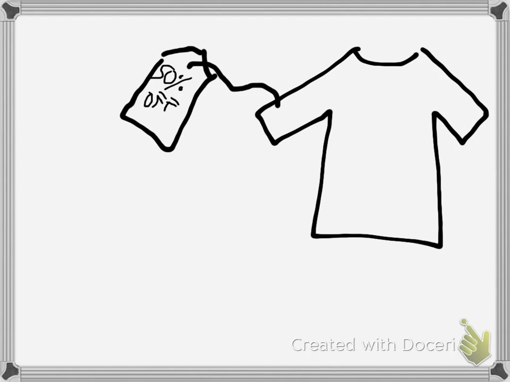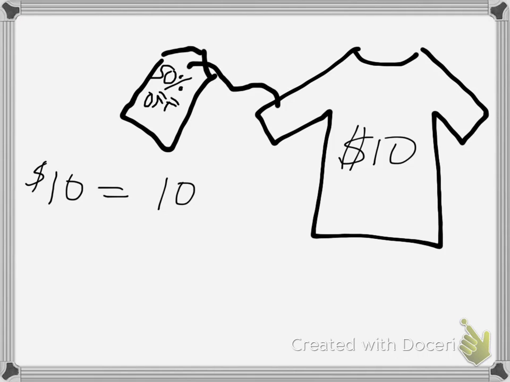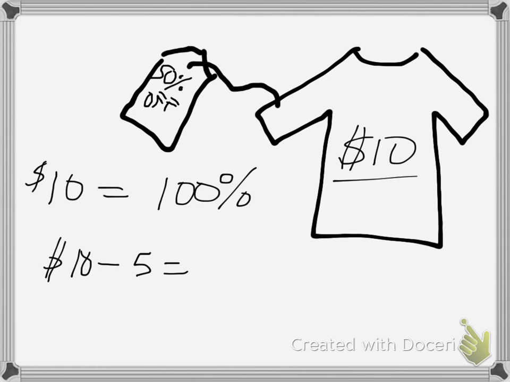But this is saying that 50% is coming off of that. Well, 50% of 10, that's half. So that means that I'm taking off half of the cost of the shirt. So instead of being $10, now the shirt is only $5 because it was 50% off.